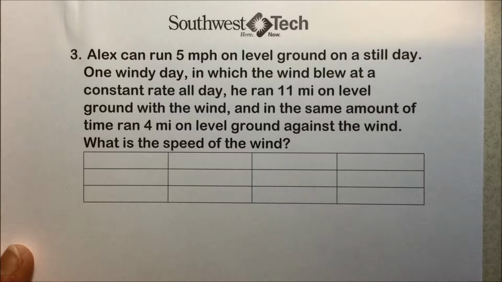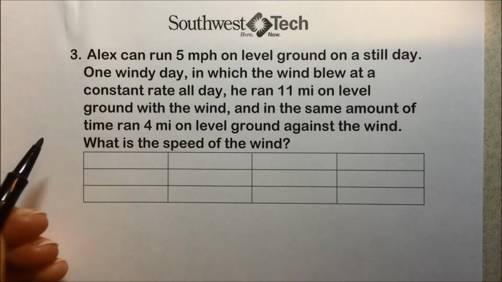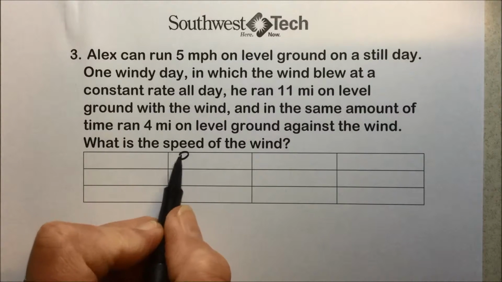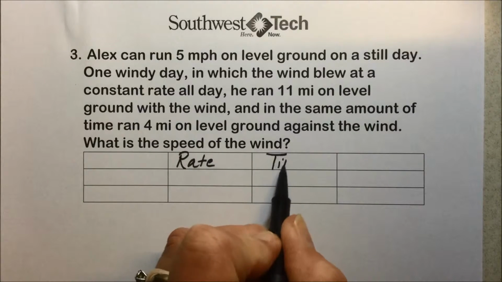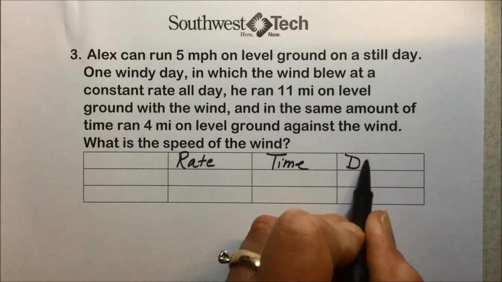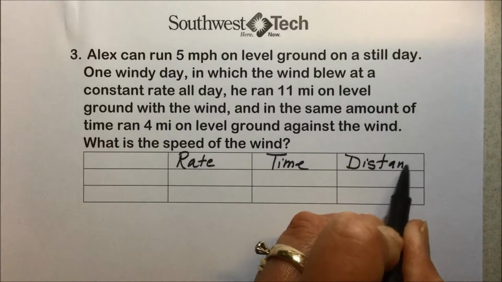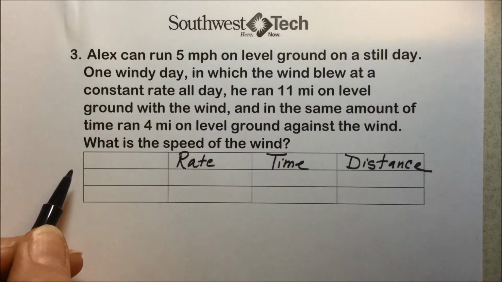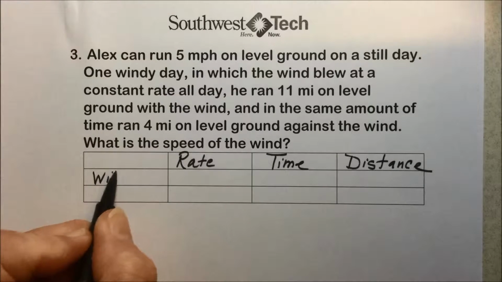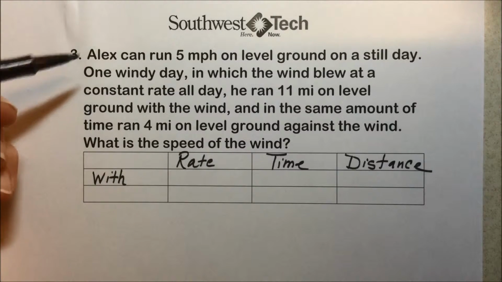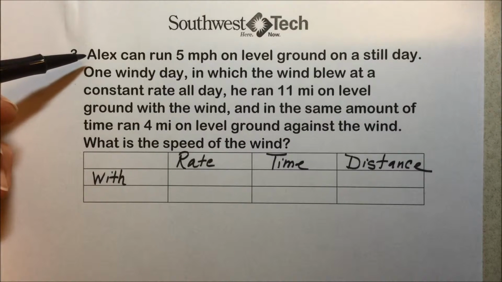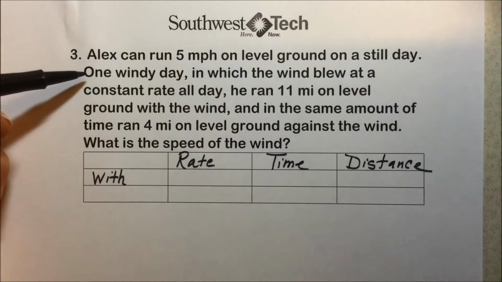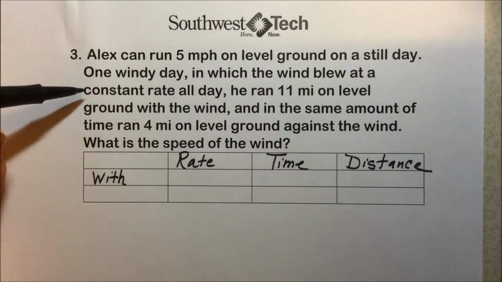Because it is a distance problem, and distance is found by taking rate times time, I have the following columns. In this problem, it talks about him running with the wind, which means his rate of travel, or his speed, is increased when he has the wind at his back.